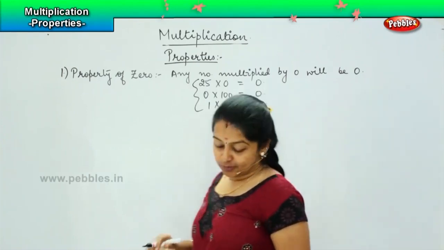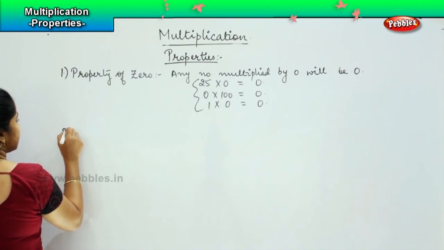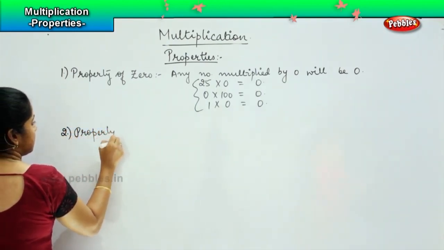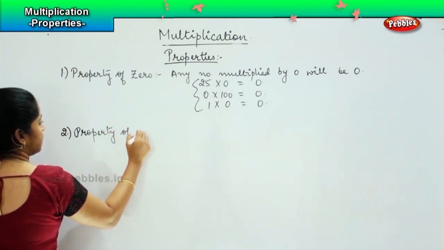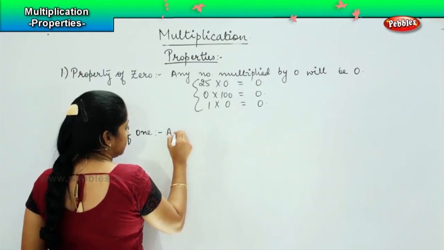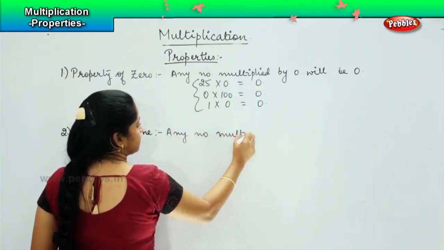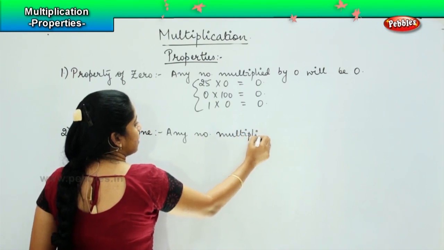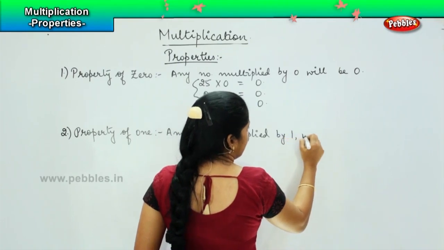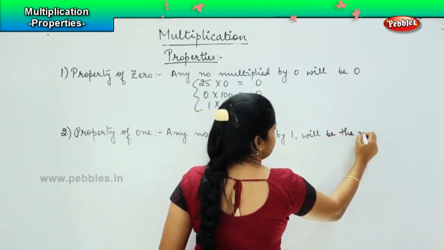Clear? The next property is the property of 1. So the property of 1 says any number multiplied by 1 will be the number itself.